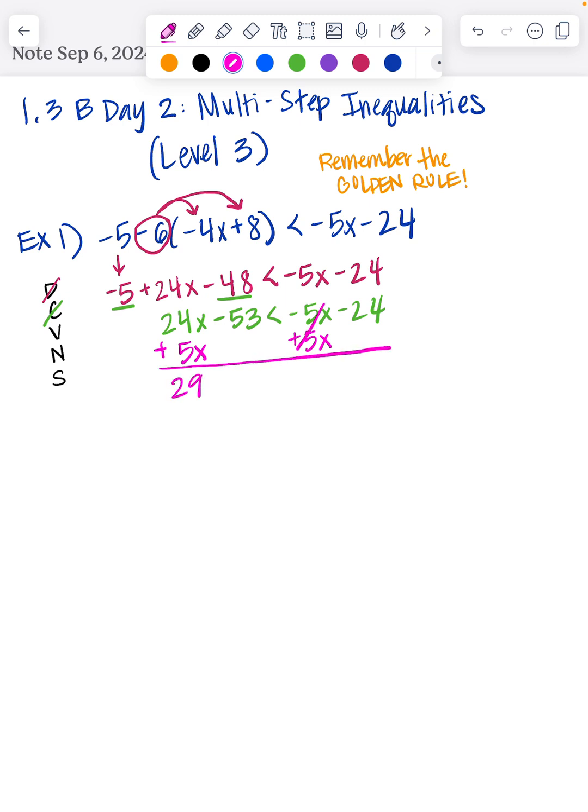So now we have 29x minus 53 is less than -24. And now I move the constant to the right side, add 53. 29x is less than 29.